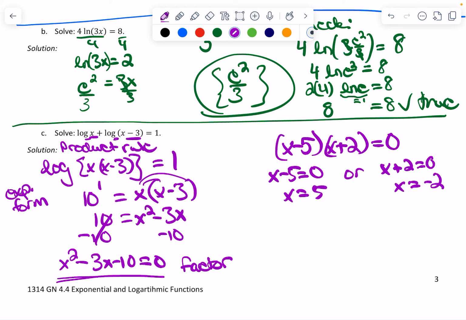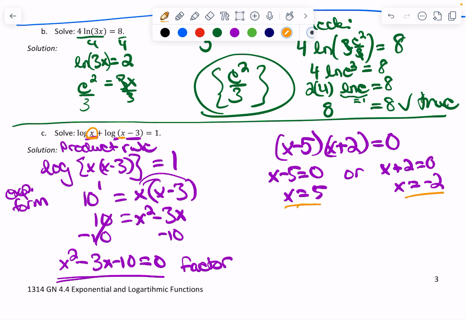Now, if we look at these numbers, we need to make sure that we can actually use them. X equals 5 is okay. We can plug in x equals 5 and everything looks fine. Of course, we should check that it works. X equals negative 2, there is an issue. We cannot have a negative.